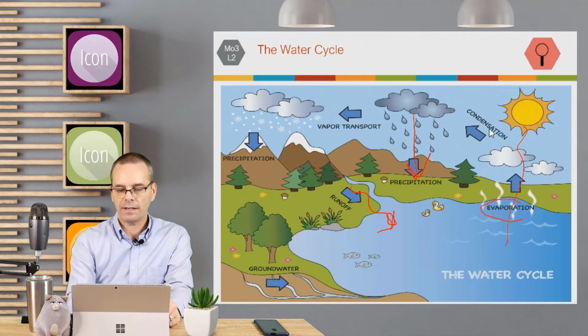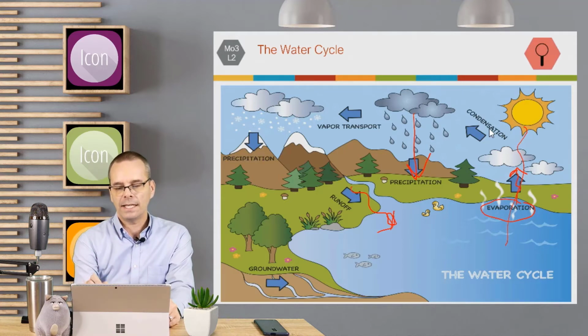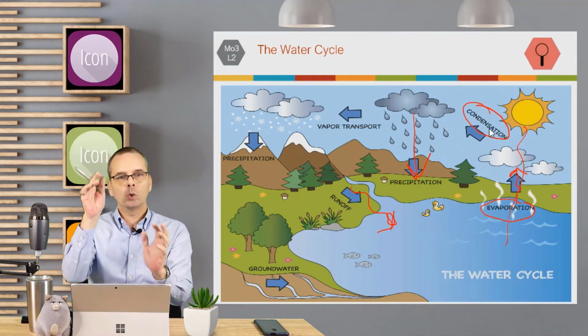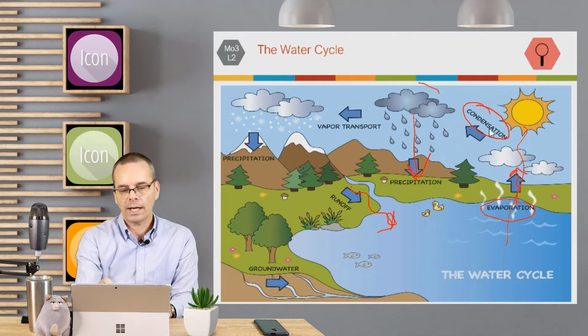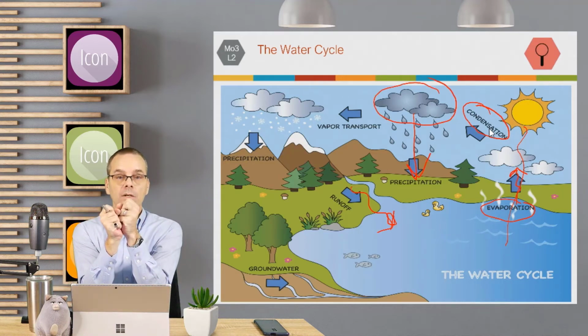And that's making it evaporate. As it heats up, the water's going back up into the air. And then what happens is condensation. As it starts to get higher in the atmosphere, it cools down. And then it gathers together as it gets cooler into clouds, right?